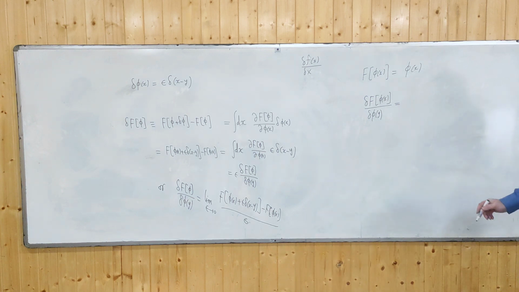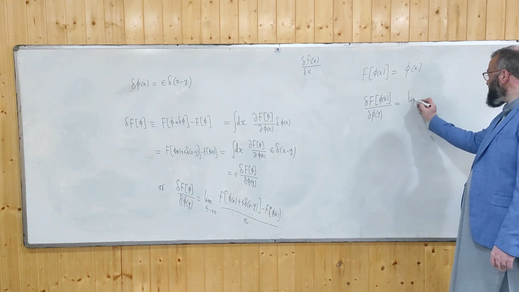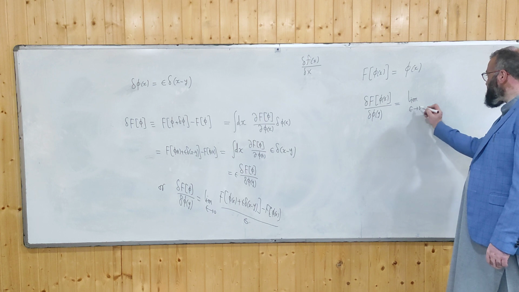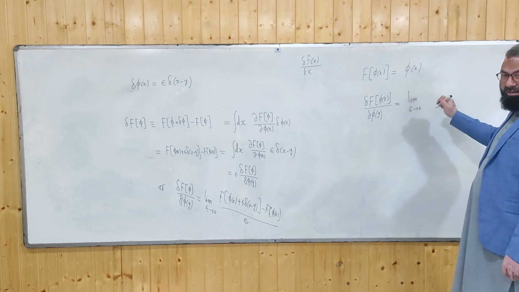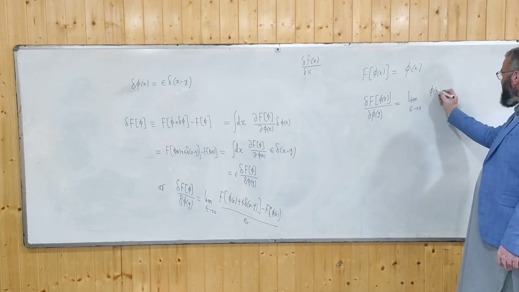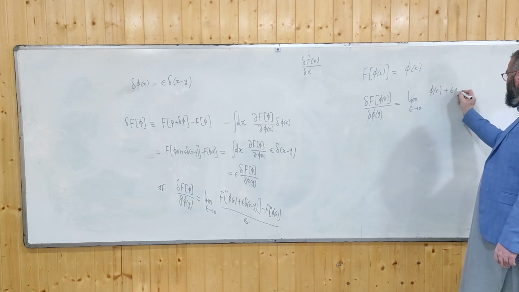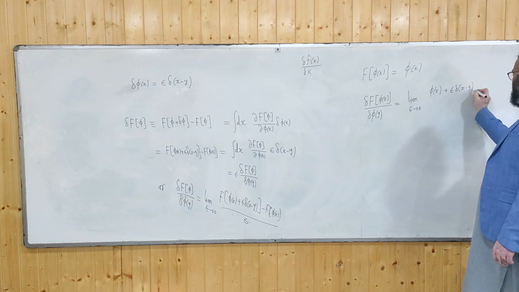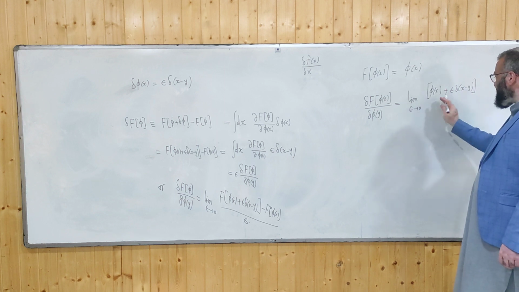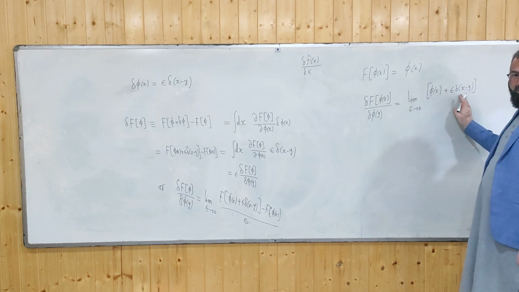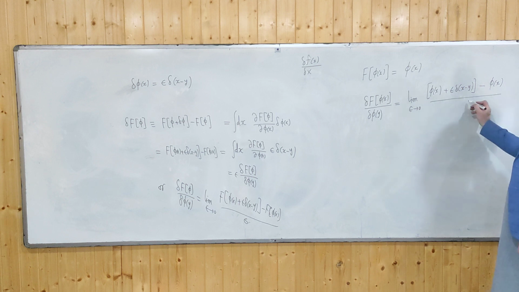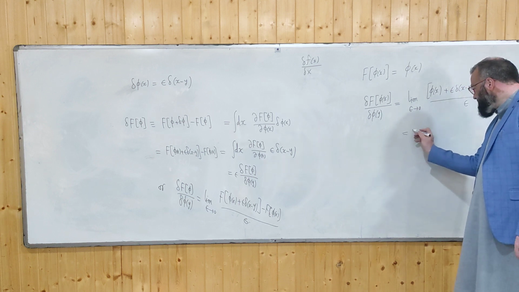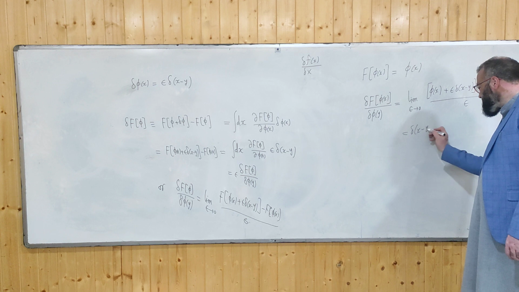It is the limit of epsilon tends to 0 of f of phi plus epsilon delta, where f is phi, so it is phi of x plus epsilon delta of x minus y, minus phi of x, divided by epsilon. So what is that equal to? Simply delta of x minus y.